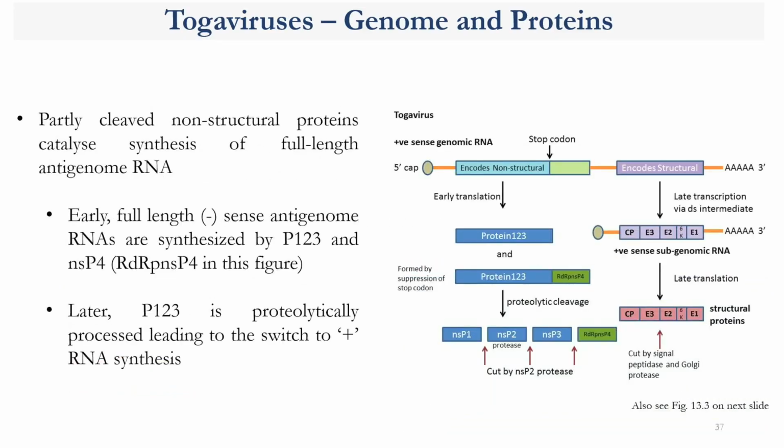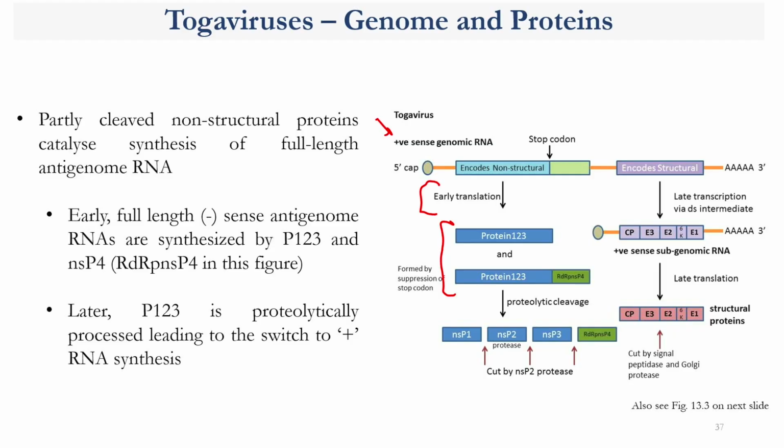Now, the way it works is your partly cleaved non-structural proteins will catalyze the synthesis of your full-length antigenomic RNA. So here's your positive sense genomic RNA. You have your early translation, and you're going to make these two proteins, the protein 123 and protein 1234, okay?